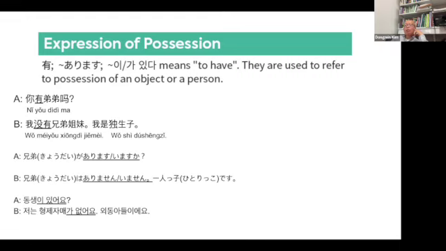But if you want to express possession of a human being or animal, you use います. And in B, 兄弟はいません。一人っ子です。Here the negative of います is いません.